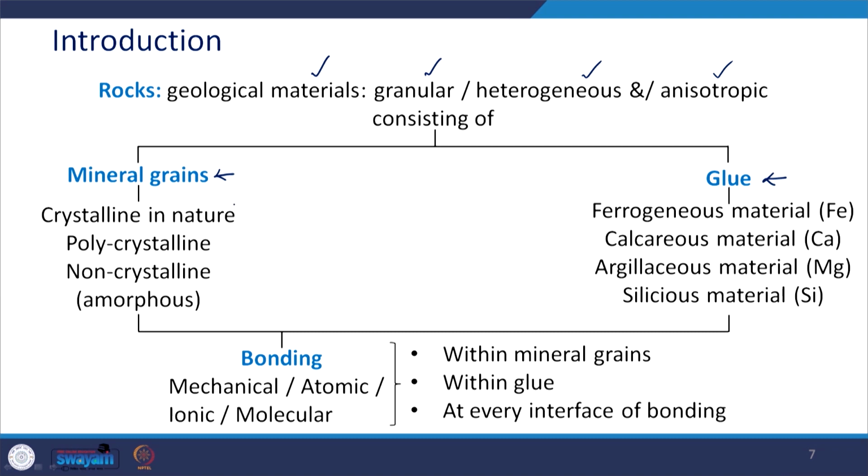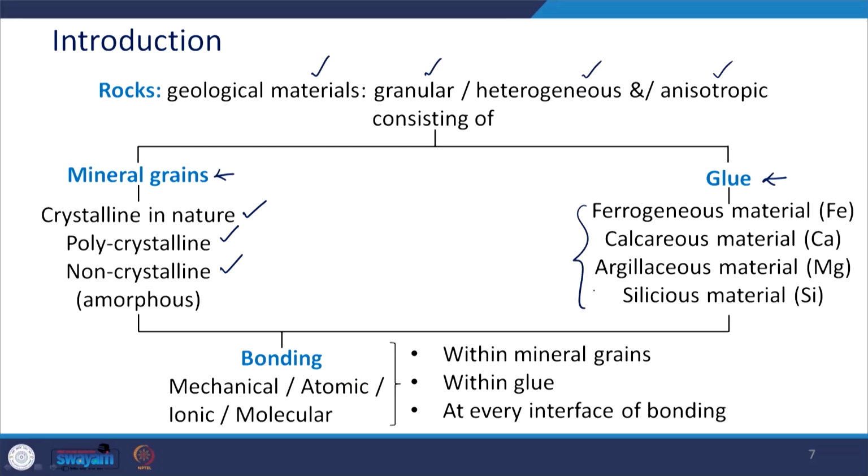Basically, mineral grains are crystalline in nature, maybe polycrystalline or can be non-crystalline, and the material which binds them together falls under this category of glue material. These may have properties like ferruginous, calcareous, argillaceous and siliceous material.